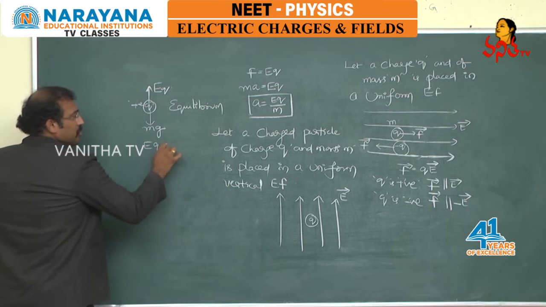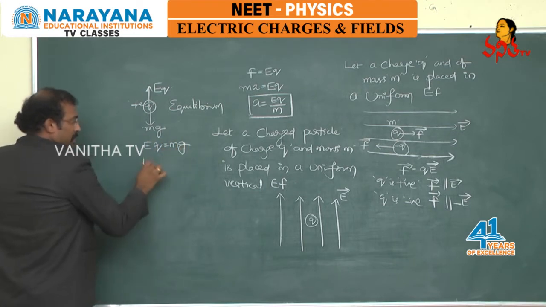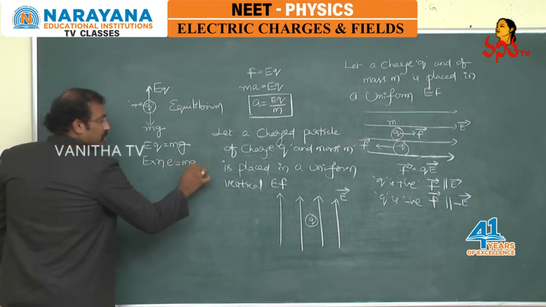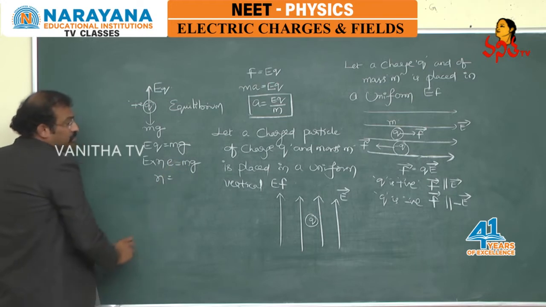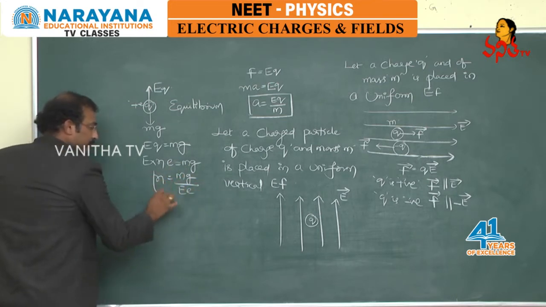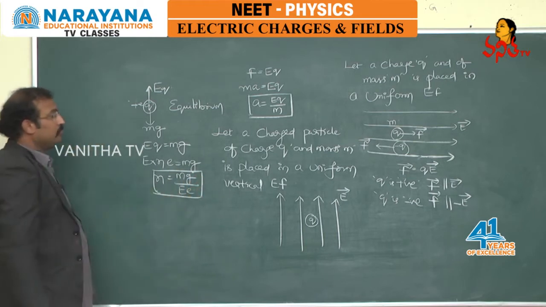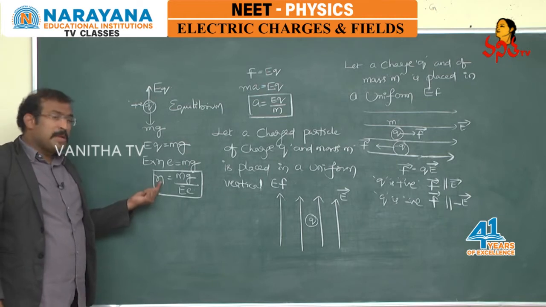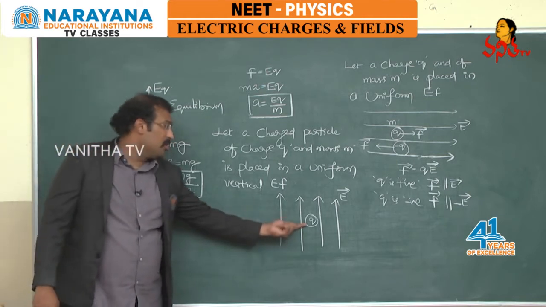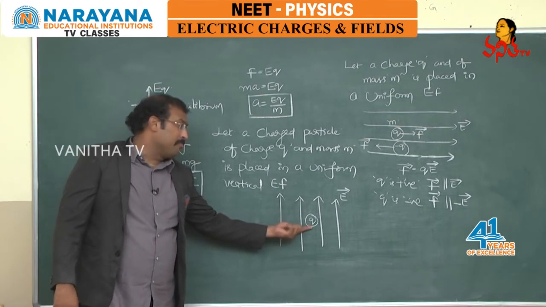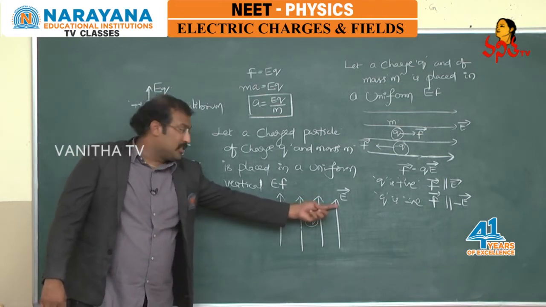So EQ is equal to mg, then E into the number of charges into the charge of each one is equal to mg. The number of charges present on the body will be mg by E. So this is the number of charges present on the charged body so that it will be in equilibrium in a uniform vertical electric field.